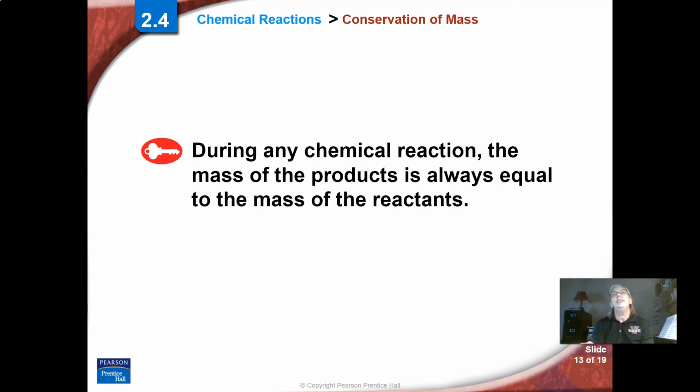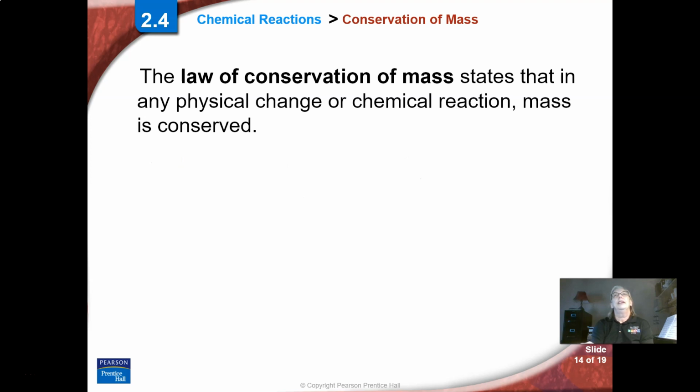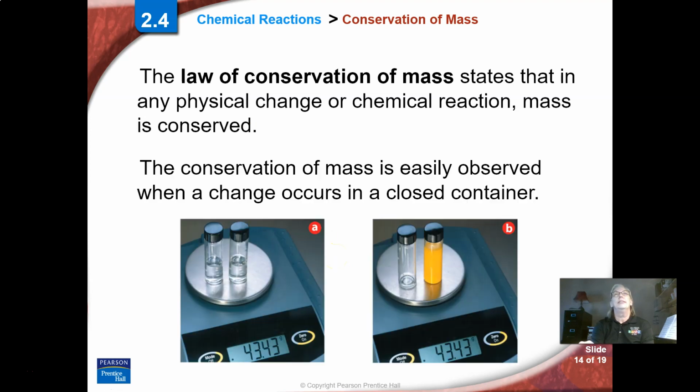So during this reaction, everything has to stay equal. The mass at the beginning has to equal the mass at the ending. Mass is conserved. That's just a fancy way of saying we can't have mass appear or disappear out of thin air. When we start the reaction, we start with 43.43 grams.